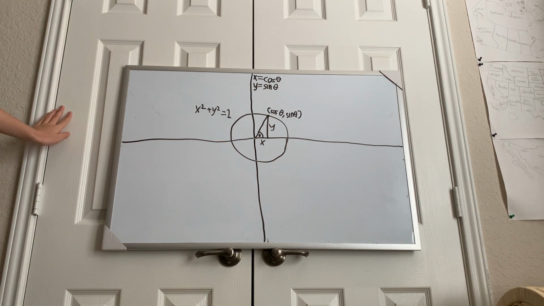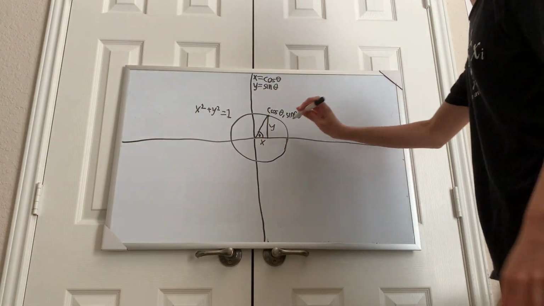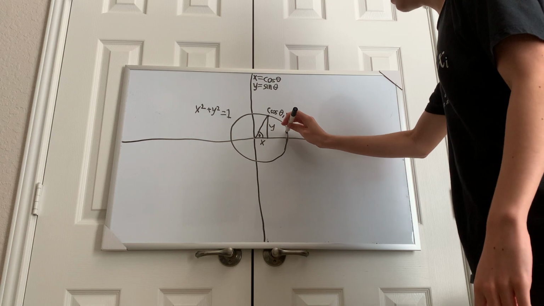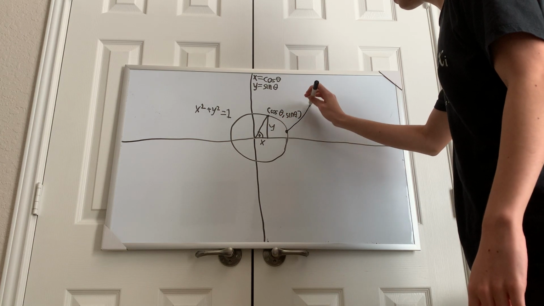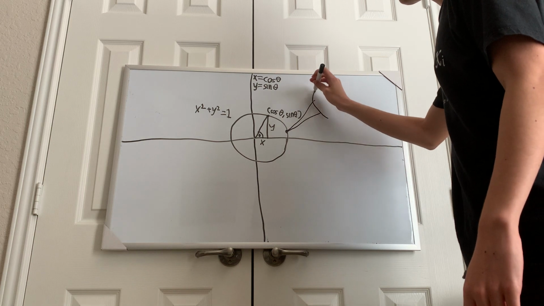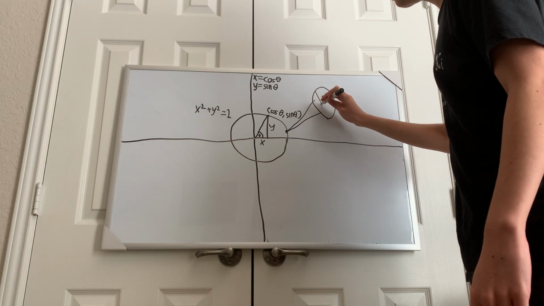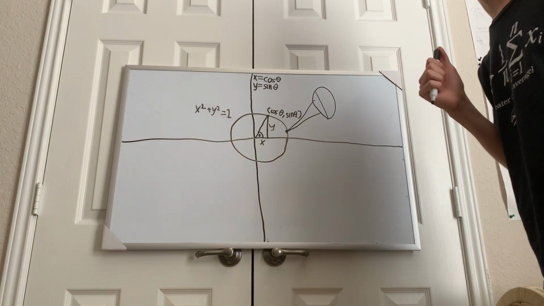So how we do this is, let's take some infinitesimally small cross section of the circle here. So here the circle is pretty much horizontal.